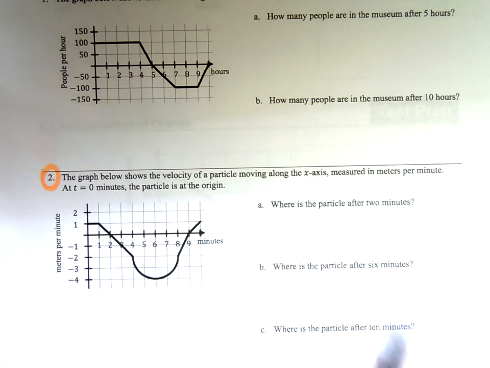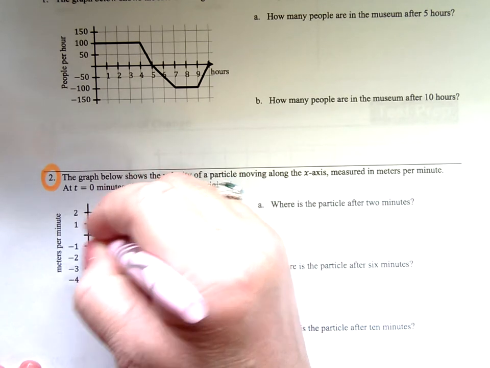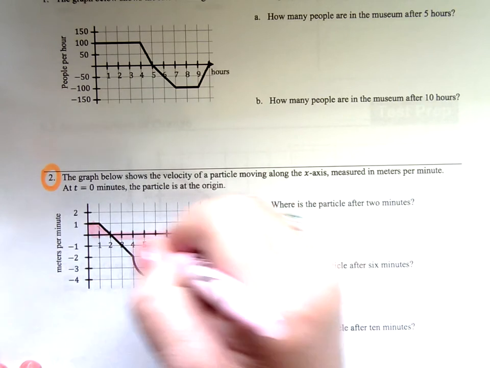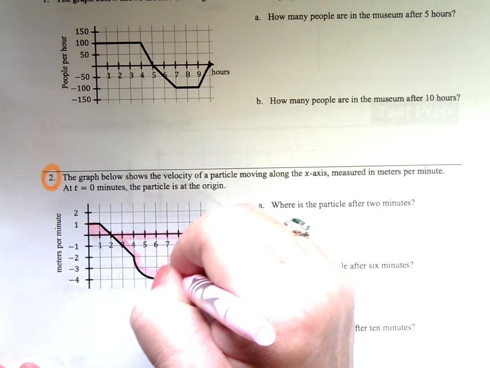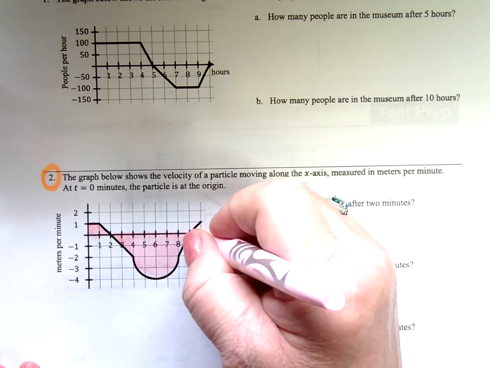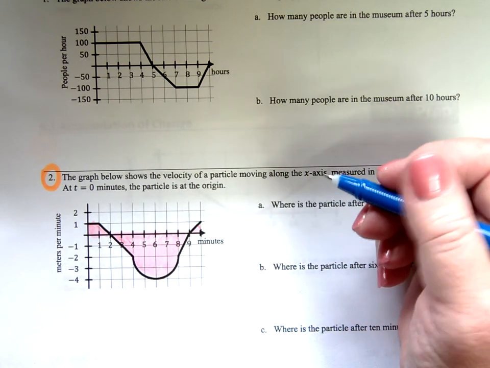So area number 1, let me do my highlighter here again. Right, here's one area between the x-axis and the curve would be this crazy looking area in here. And then the last one is this little itty bitty triangle at the end. Okay, let's figure out how we can divide this.